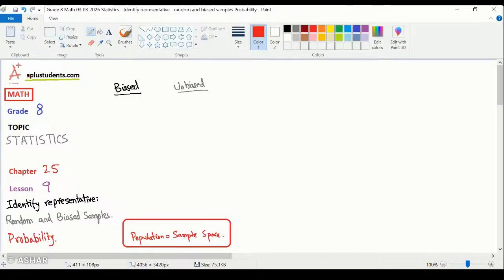we can say that a biased sample does not represent the entire population.